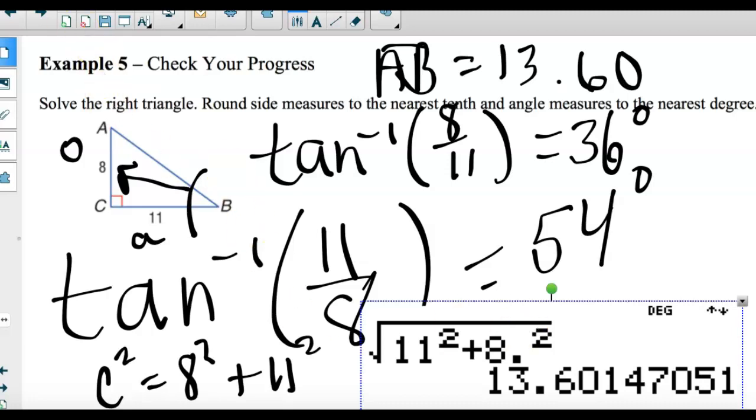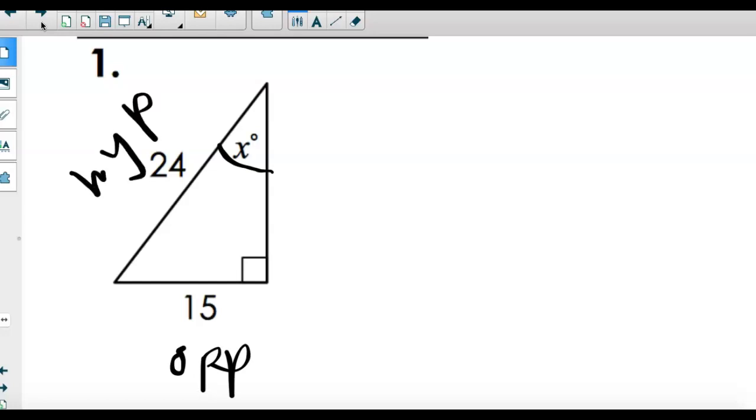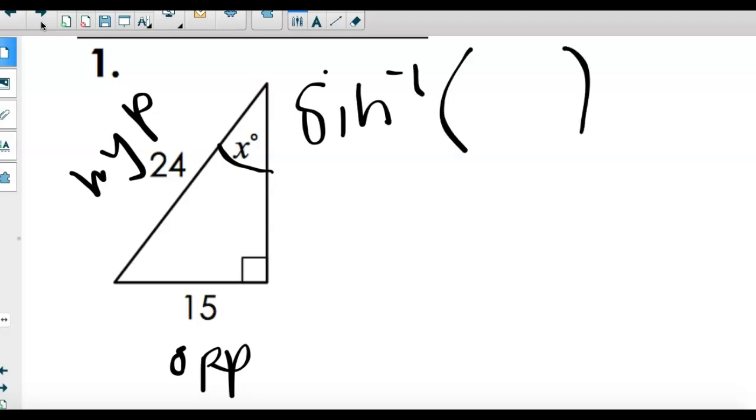The next two examples are going to be from your worksheet, so if you could take that out, we'll go over those rather quickly. So again, they want us to find this angle measure. So we have to identify our sides. Here we have the opposite. Here we have our hypotenuse. So in this case, we're going to be using inverse sine. And opposite 15 over 24.